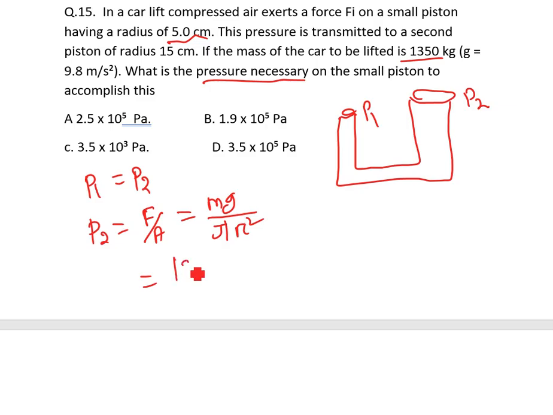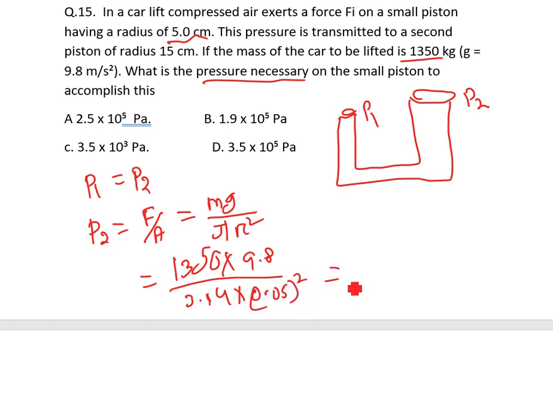So 1350 into 9.8, divided by pi as 3.14 into r square, where r is 5 centimeters, so 0.05 whole square.